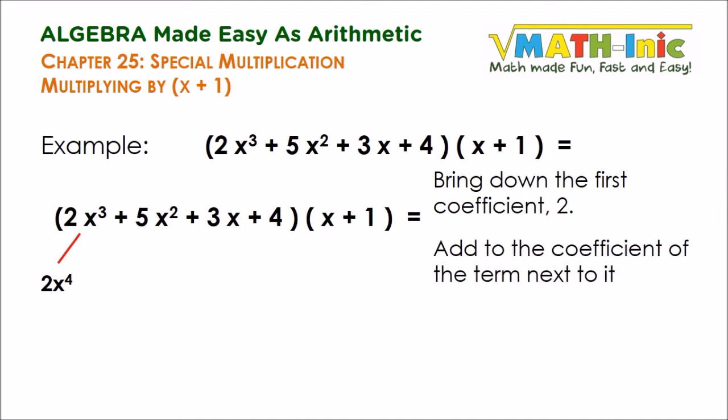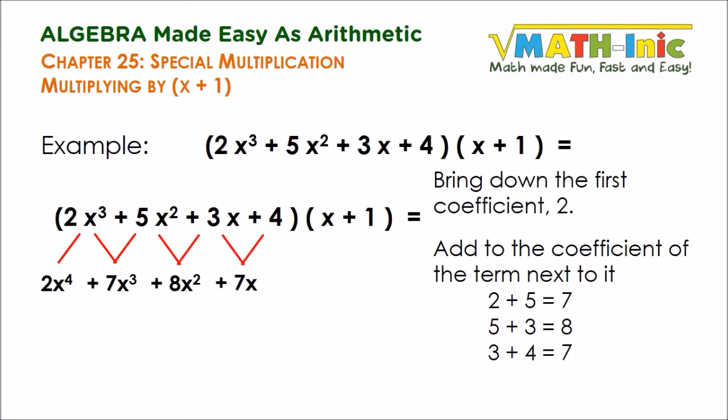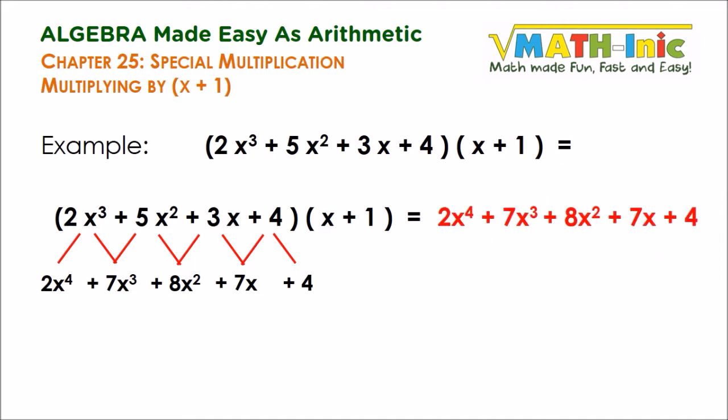Then we add this to the coefficient of the term next to it. 2 plus 5 is 7, 5 plus 3 is 8, 3 plus 4 is 7, and then we bring down the last digit, 4. 2x cubed plus 5x squared plus 3x plus 4 times x plus 1 is equal to 2x to the fourth plus 7x cubed plus 8x squared plus 7x plus 4.